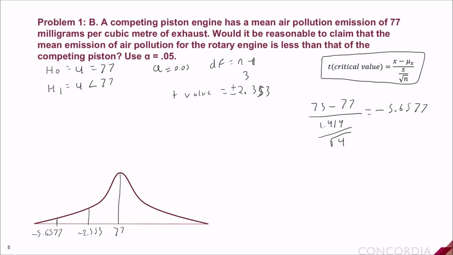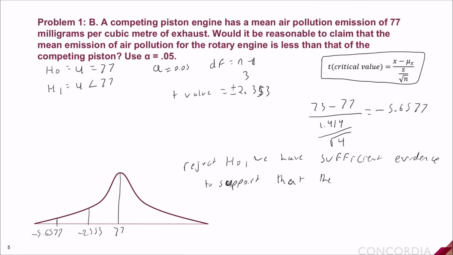And since our critical value is below our cutoff point, we can reject H0, stating we have sufficient evidence to support that the mean is below 77 milligrams.